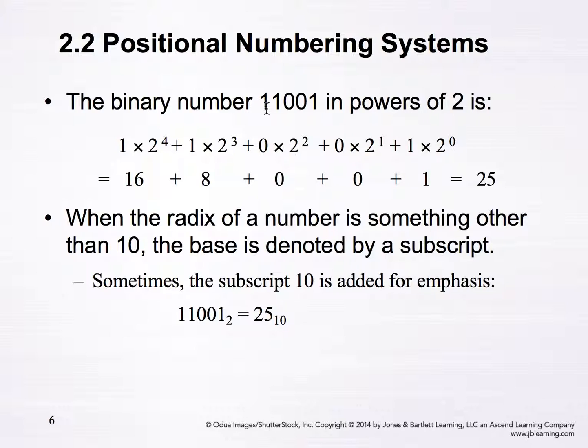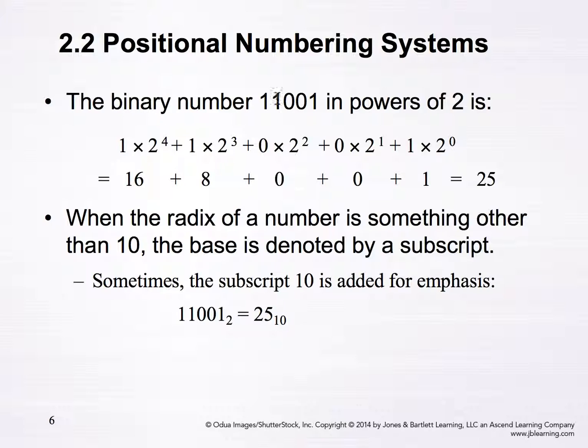So we can represent this binary number using the positional numbering system. The 1 here is multiplied by 2 to the power 4, because it has index 4. The 2 means the binary base.